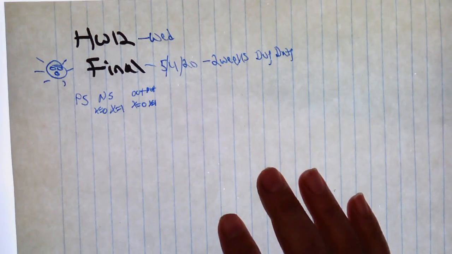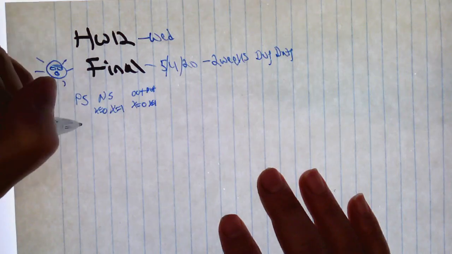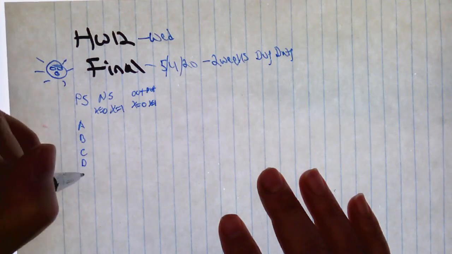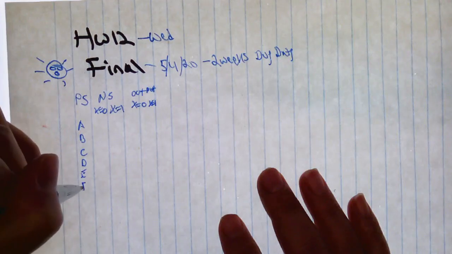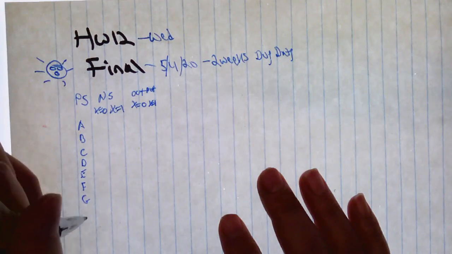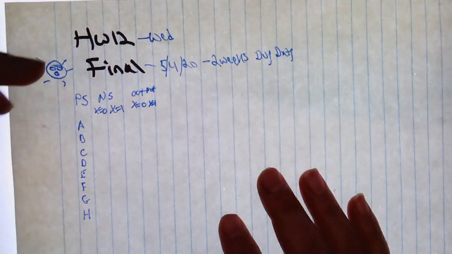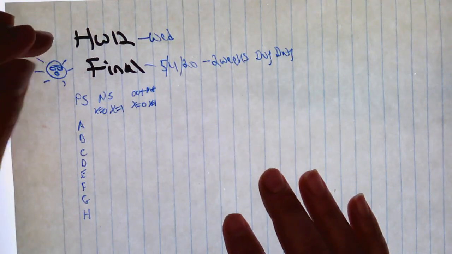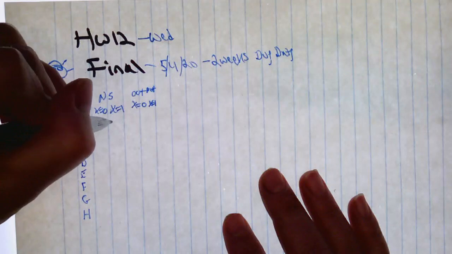Let's see. The states are numbered A through H: A, B, C, D, E, F, G, H. And then the next states are going to be HC, CD, HB.